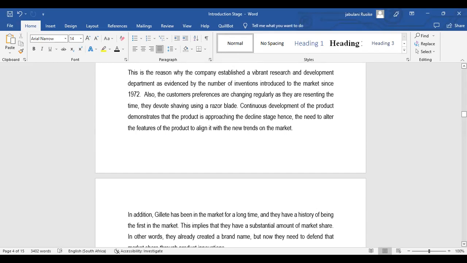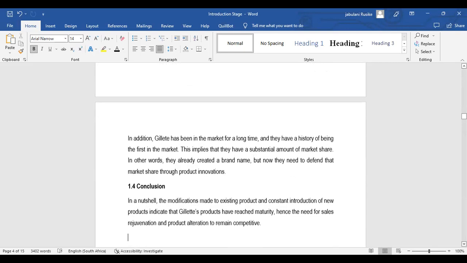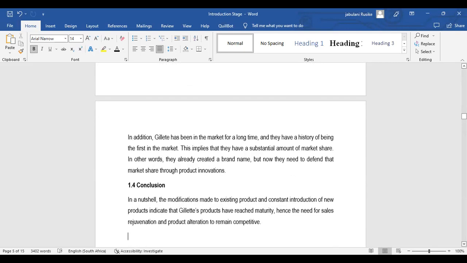It keeps on changing each and every what? Each and every time. So in addition, you can see Gillette has been in the market since 1901. Gillette has been in the market for a long time, which means they've already established a market share, which means they've already passed the growth stage. Because remember, the growth stage is all about establishing the market share, and then the maturity stage is about maintaining.